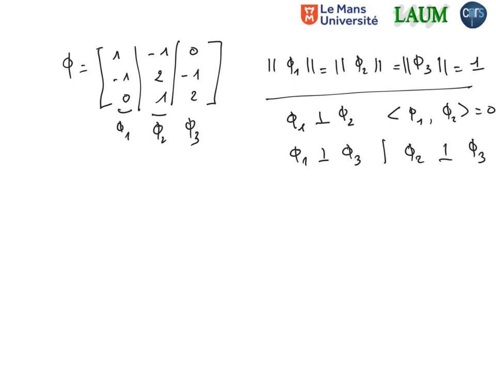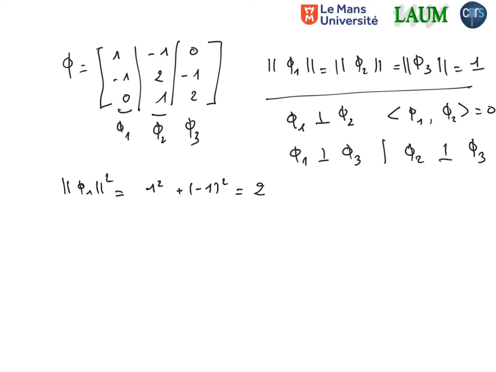If we look just at the norm of phi1, or let's say it's easier to compute the norm of phi1 squared to skip the square root, then this is 1 squared plus minus 1 squared, and this is equal to 2.